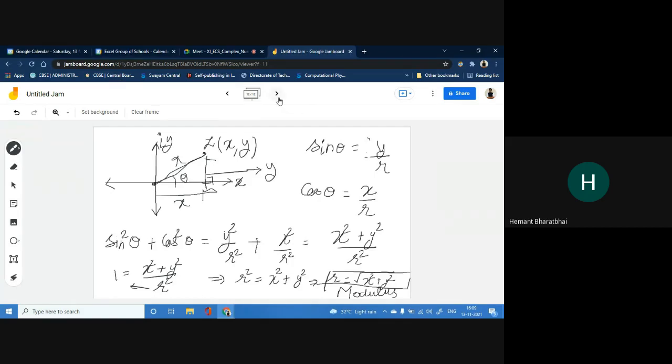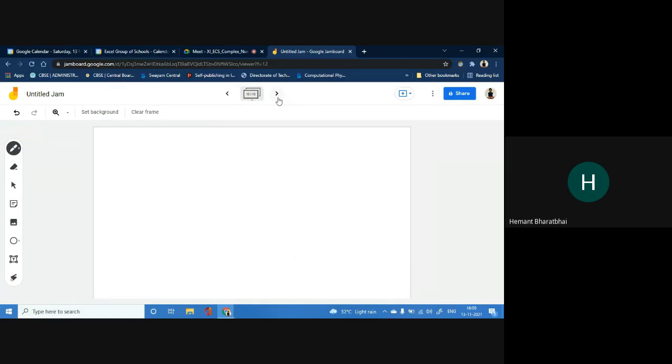Then what I'll get is sine theta by cos theta is equal to, the value of sine theta was y by r, and the value of cos theta was x by r.